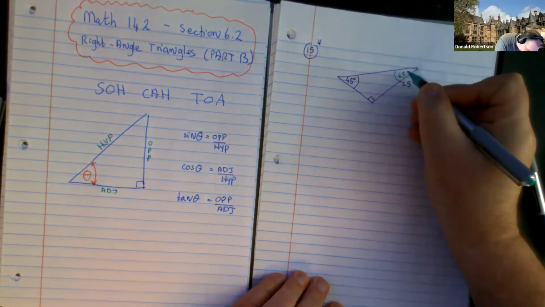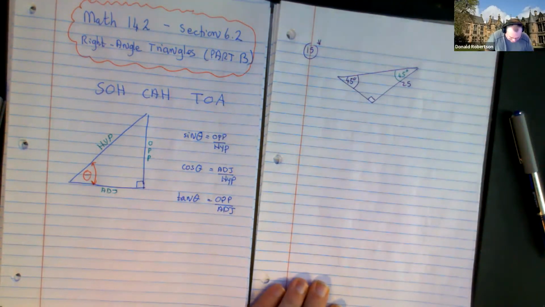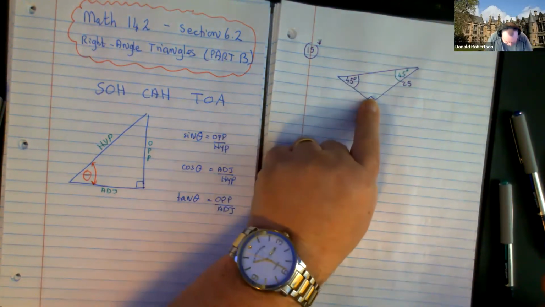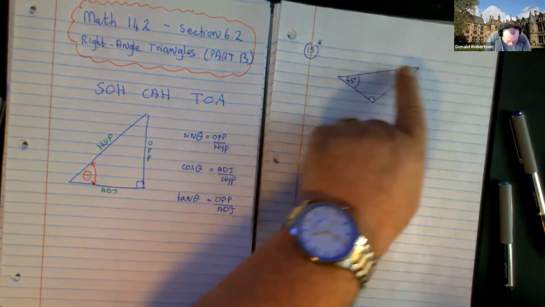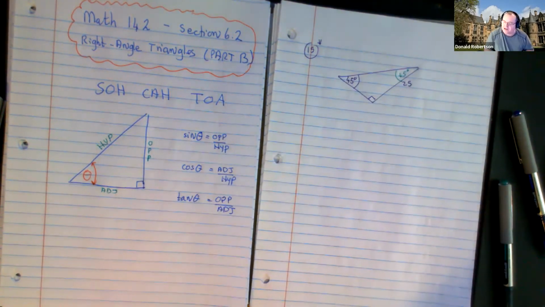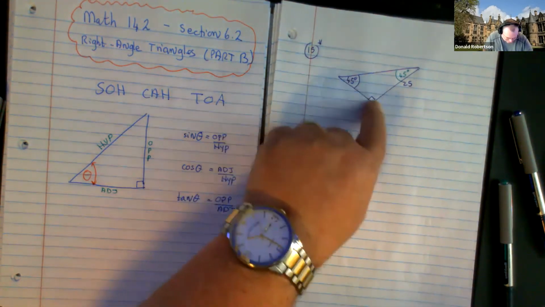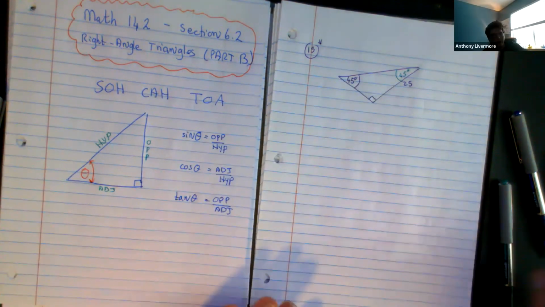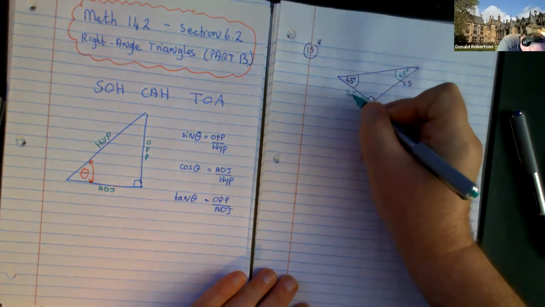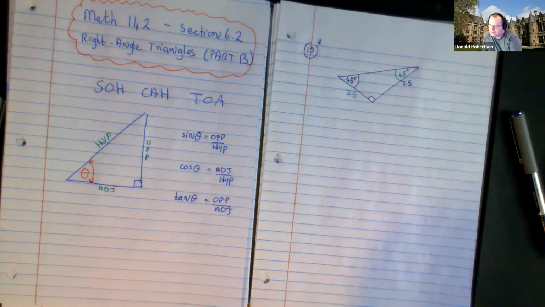As badly drawn as I've done this thing, isn't this a right angle triangle that also at the same time happens to be what's called an isosceles triangle? What's the length of this side here? 25. Do you notice that I did that without using SOHCAHTOA or anybody?